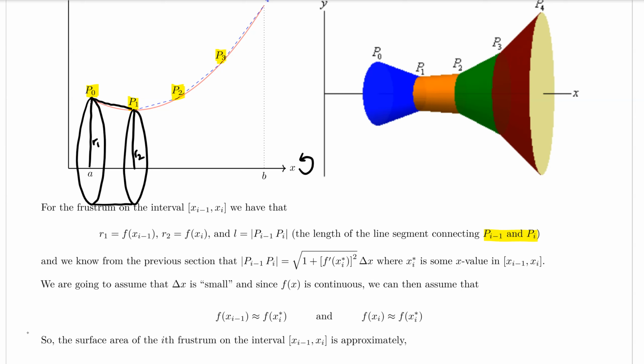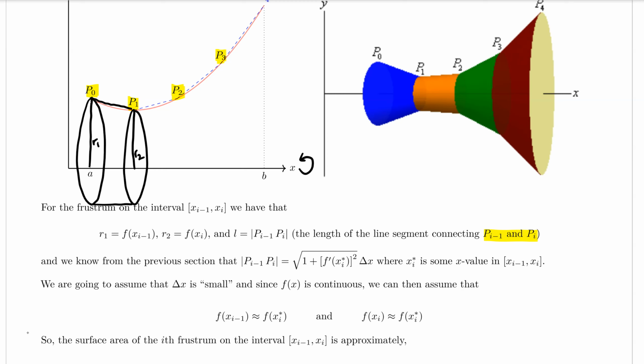And we know from the previous section that the length is equal to the square root of 1 plus the square of the derivative at x sub i star times delta x, where x sub i star is some x value in that subinterval.